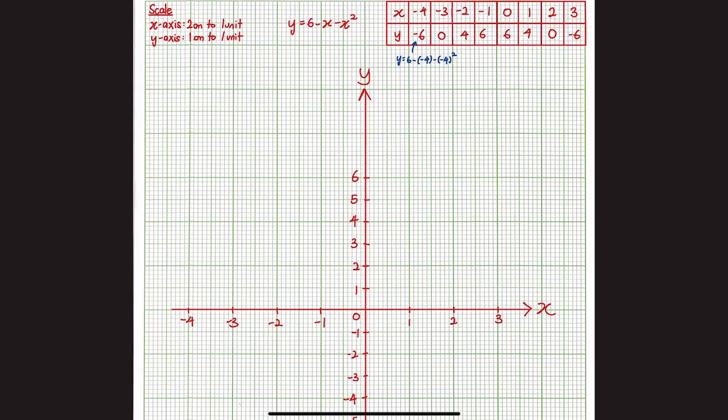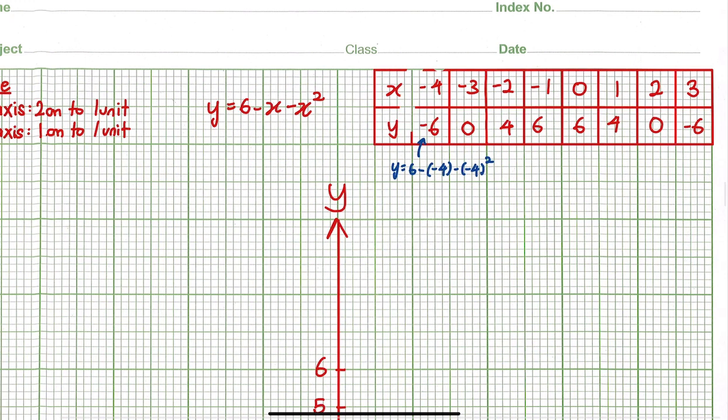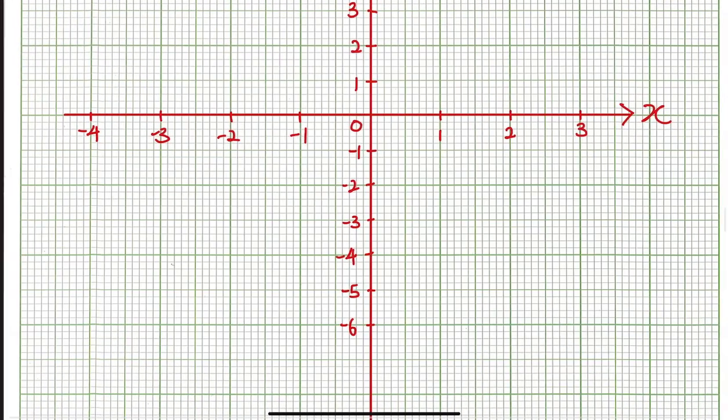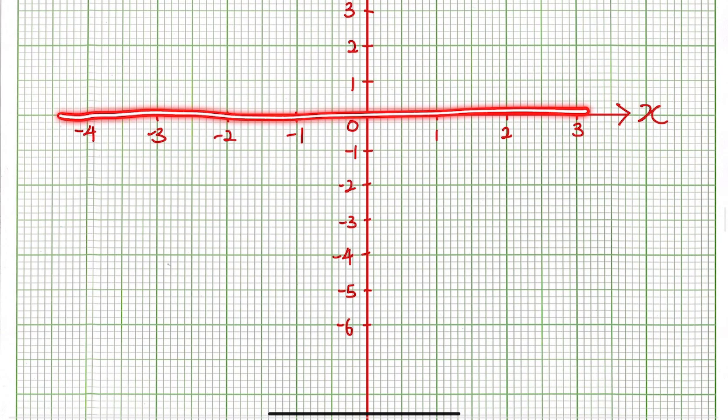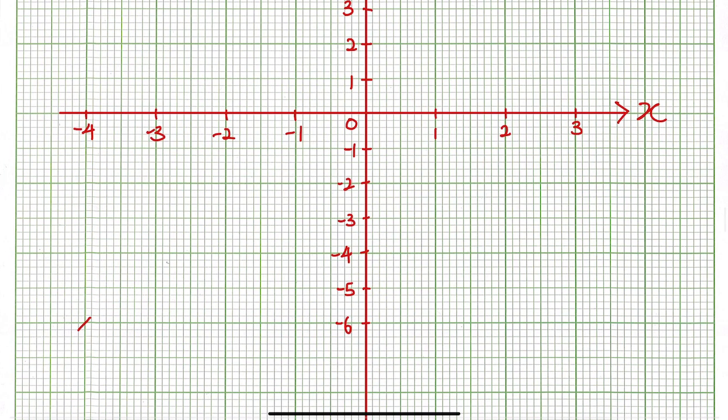Remember again how we draw a graph. Plot your points based on one column like this. Let me highlight. One column like this is 1 point. First point: x value -4, y value is -6. So I check the x-axis, -4 matches to -6 on the y-axis. This is my first point.